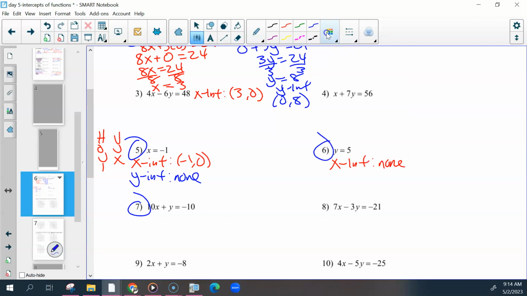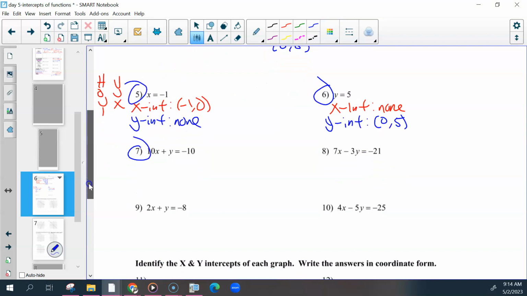And it's given, the y-intercept is given. Questions on either of those? Okay. And then 10 is similar to 1.